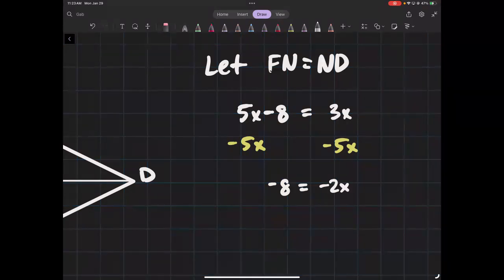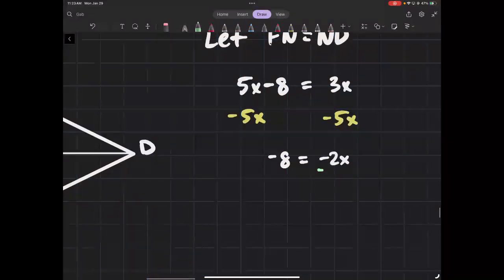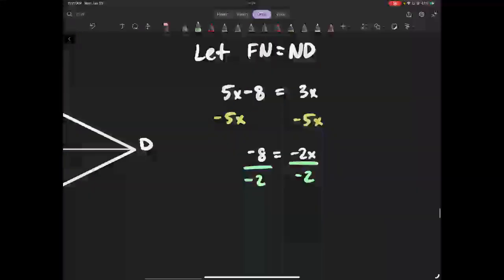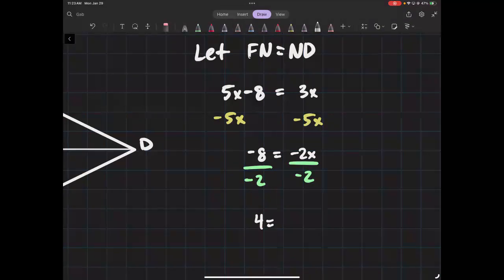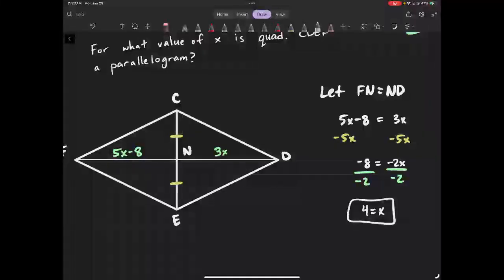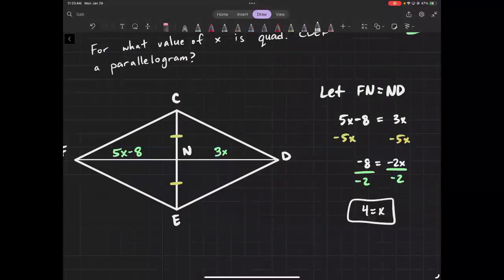And then divide everything by negative 2. And x is 4. Okay? So the idea is fairly similar, yes? You just have to write something extra at the beginning because you don't know that it's a parallelogram.